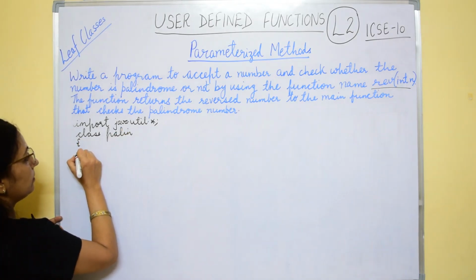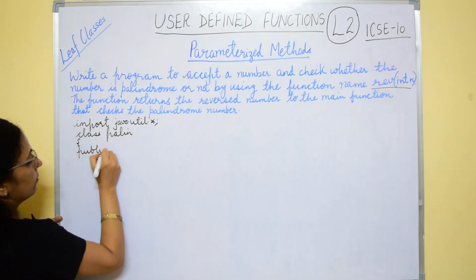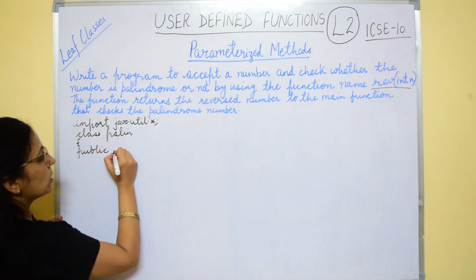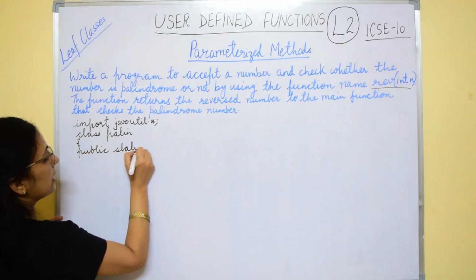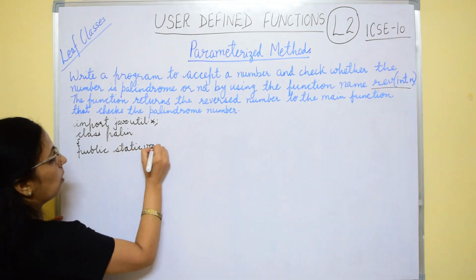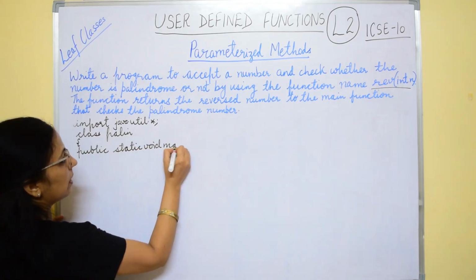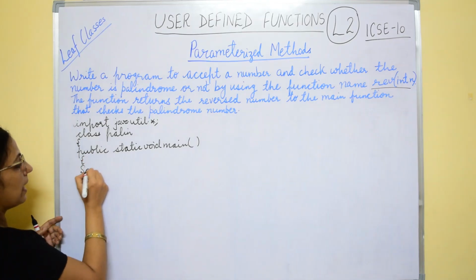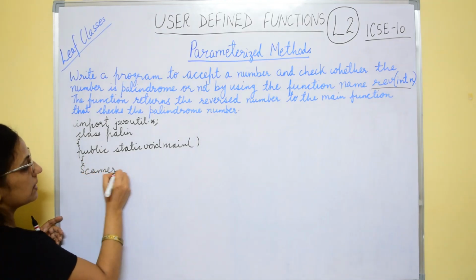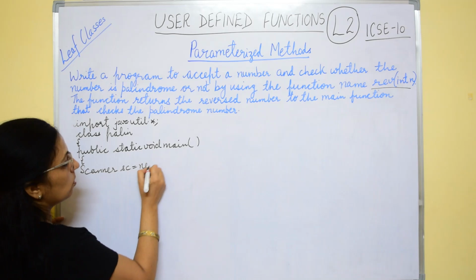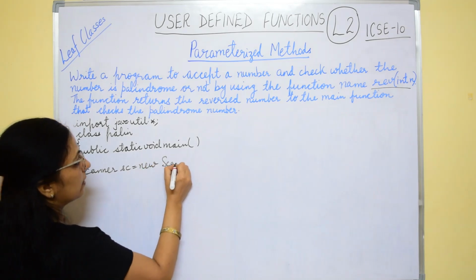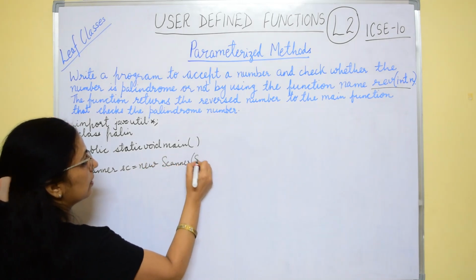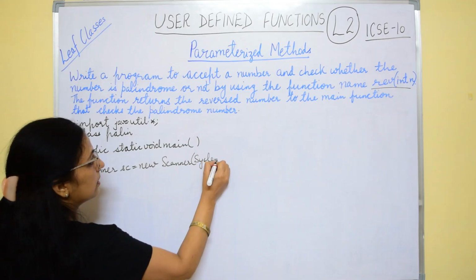Then since we are writing the main function first, public static void main, and here you write the scanner object creation statement, Scanner sc = new Scanner(System.in).